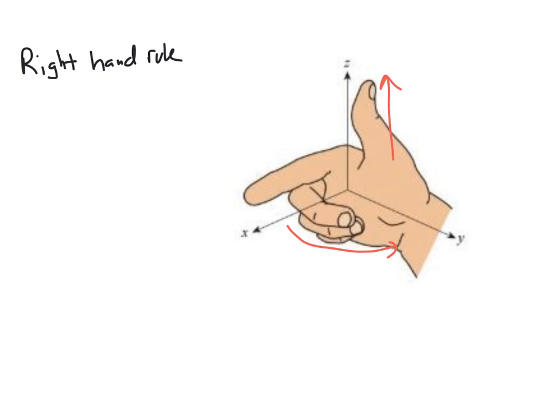Everything that we do in this course will be based on the z-axis being pointed in this direction. If you ever encounter a left-hand system, which does sometimes occur, then a lot of what we're going to do just needs to be done backwards. Things become negative and things like that. But everything we're going to do relies on this right-hand rule.